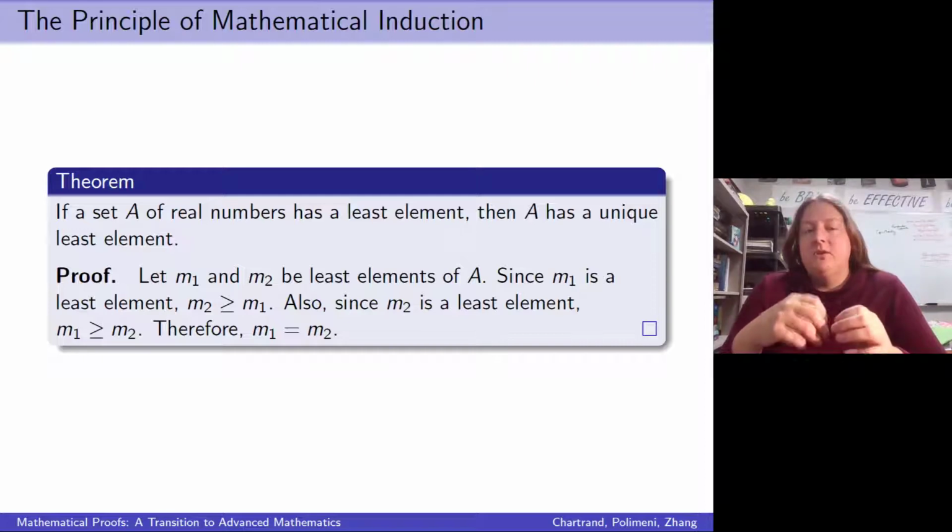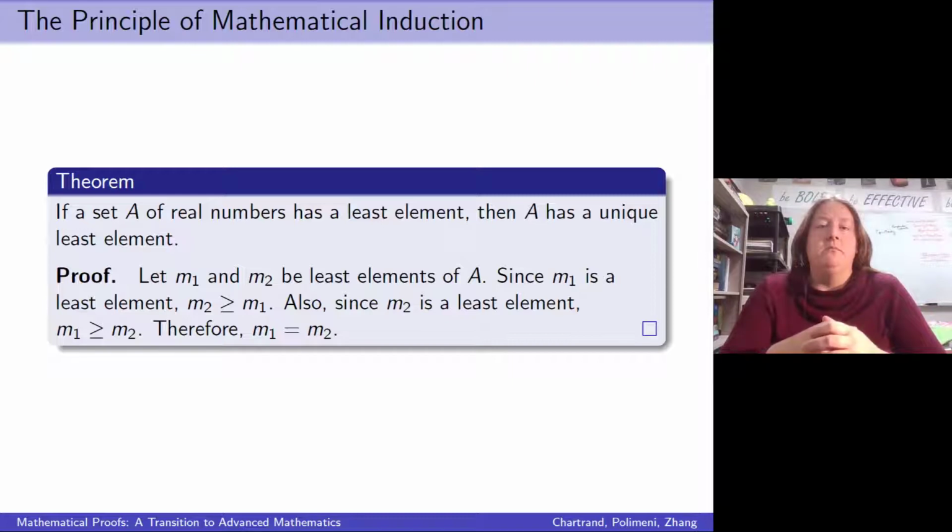And M2 is less than or equal to M1 by the definition of a minimum element. And since they're both less than or equal to each other, the only option that works is that they are in fact equal to each other, which contradicts there being two least elements. So there actually is a specific, unique least element.